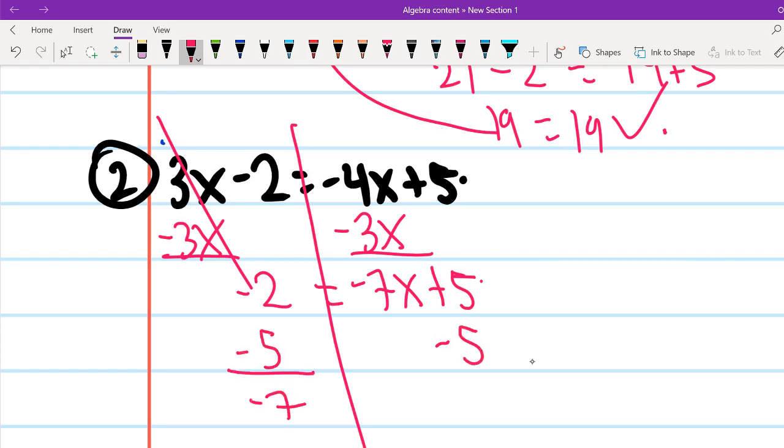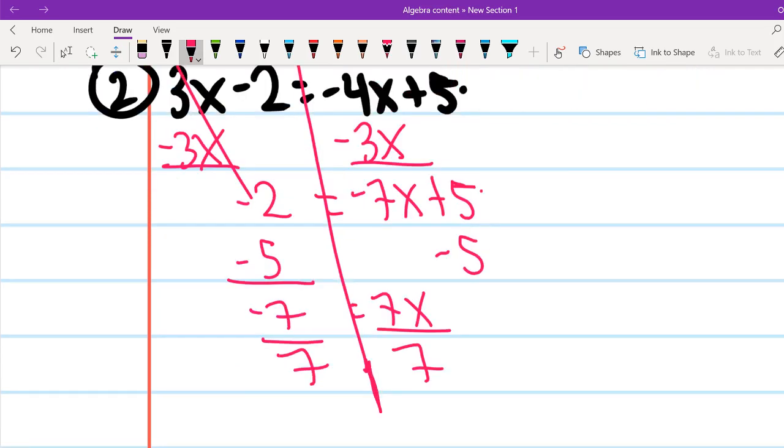So you get negative 7 equals 7x, and then you would simplify it that way. And you would say x equals negative 1, or negative 1 equals x. Whichever way, it doesn't matter.